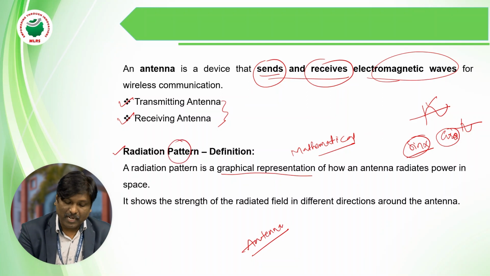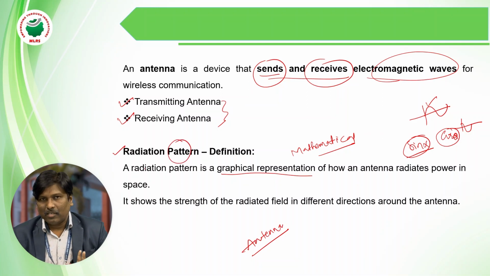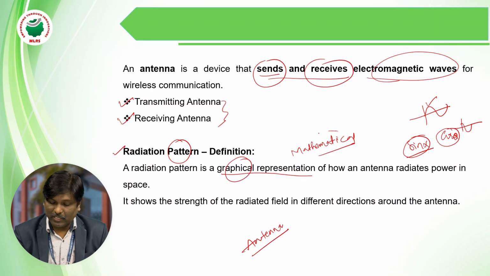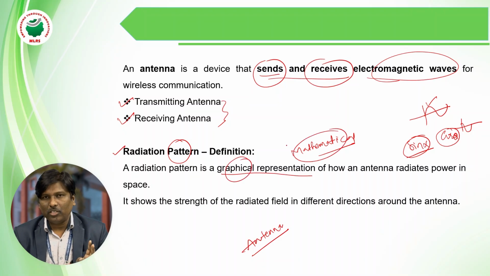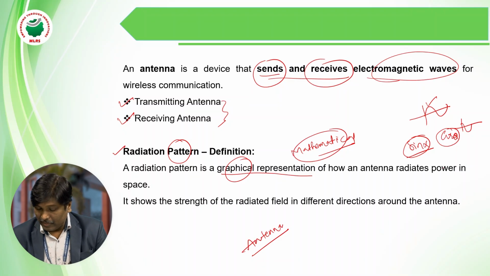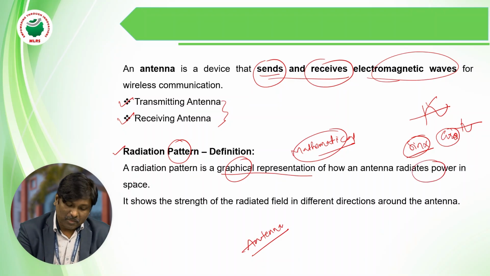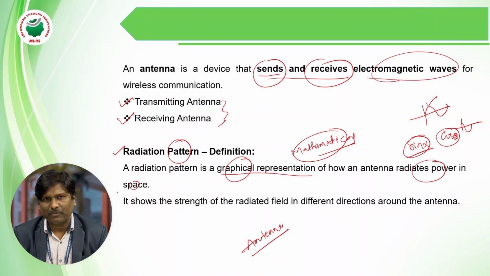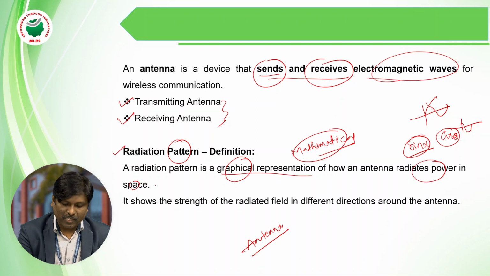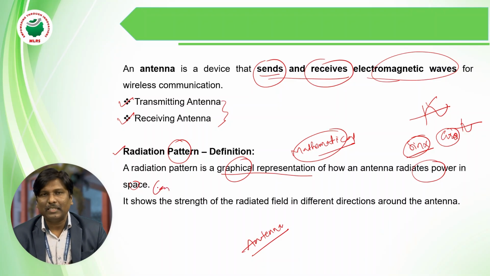So the radiation pattern is defined in two manners: one is the graphical representation, the second is the mathematical function. These two represent the radiating power in space. The definition of radiation pattern is the graphical representation or mathematical function of the radiation properties or parameters expressed in terms of space coordinates.